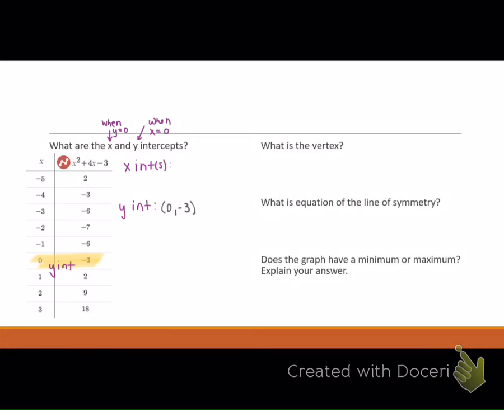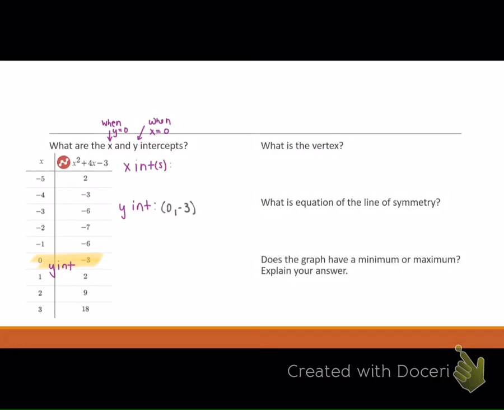Guys, when is y 0? Never. But could it be 0 at some point? Let's look at this here. This is my vertex. Do you see why this is my vertex? It's the lowest number, and we have the repetition around it. So it's the lowest number, then it goes -6, so it's getting bigger, -3, and then all of a sudden it's positive.